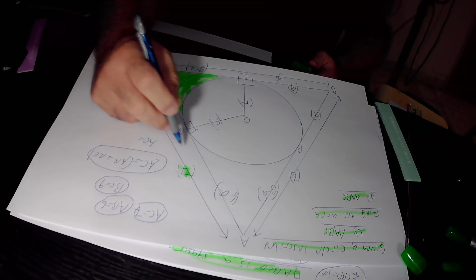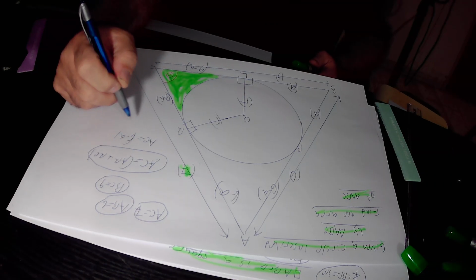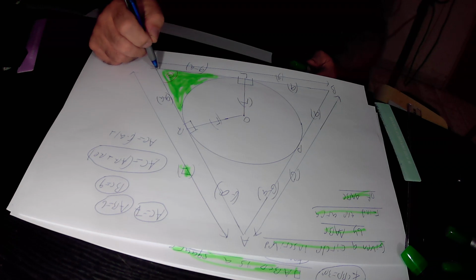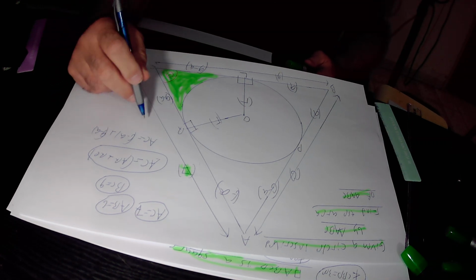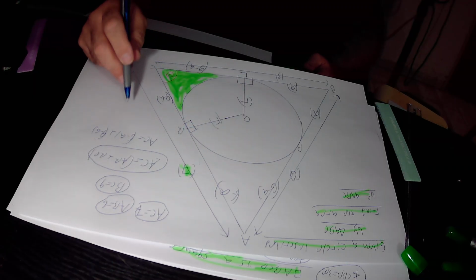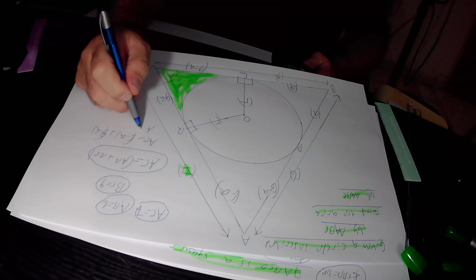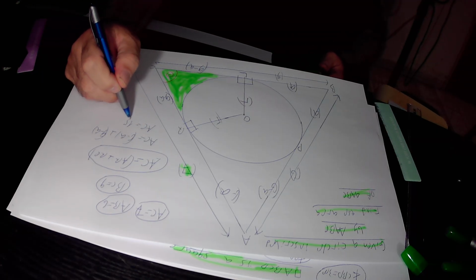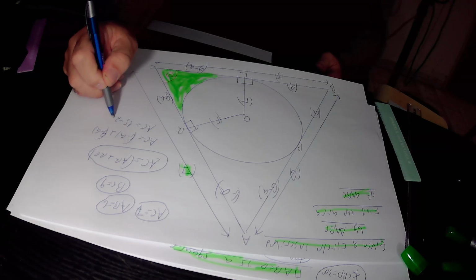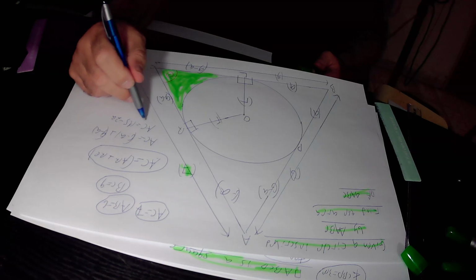AC, which equals 7, is AQ, that is 6 minus A, plus QC, that is 9 minus A. So in total AC equals 6 minus A plus 9 minus A. So AC equals 6 plus 9 is 15, minus 2A. So in total AC equals 15 minus 2A units in its length.